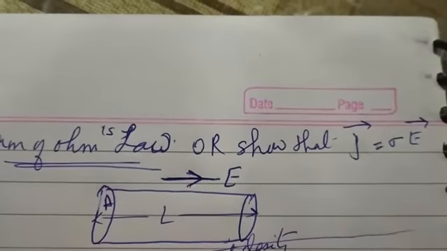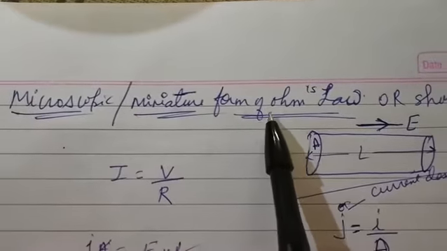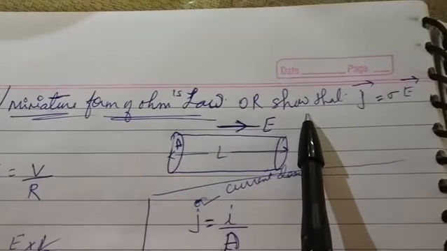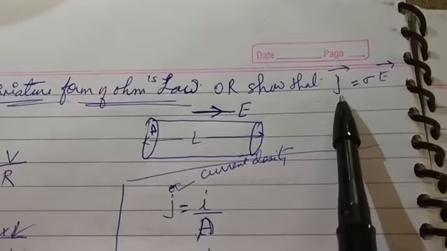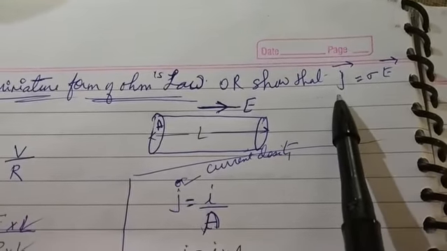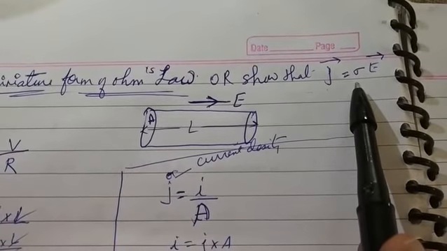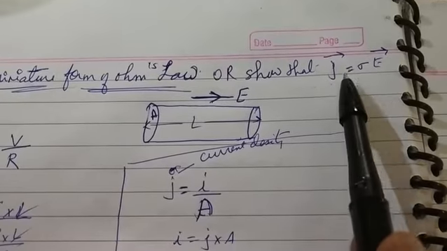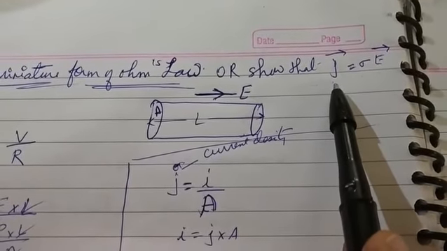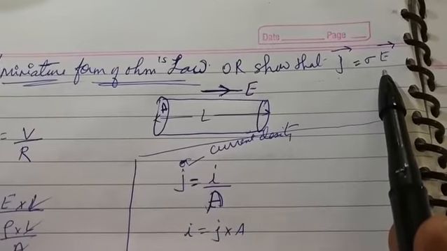What is J? J is the current density, sigma is the conductivity, and E is the electric field. So current density at a place is equal to the product of conductivity and the electric field.